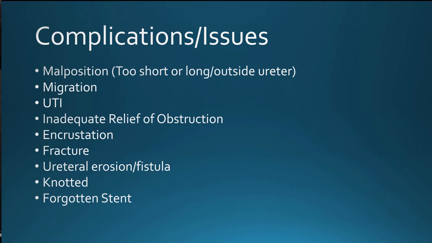We'll talk about malposition of stents, migration, urinary tract infections, inadequate relief of obstruction and incrustation or calcification accumulating on stents, stent fractures. The last four here are pretty straightforward, and that's that catheters may break, they may erode, they may remarkably become knotted and may be forgotten. But we'll talk about all of these.